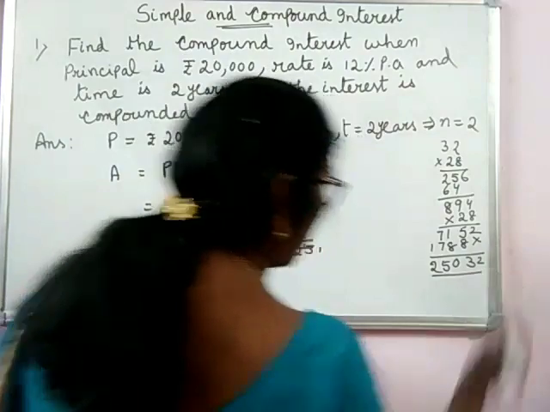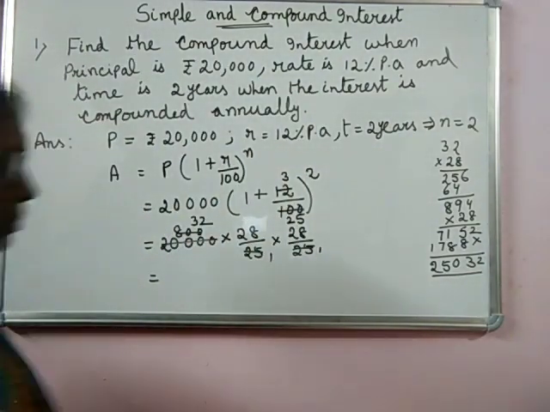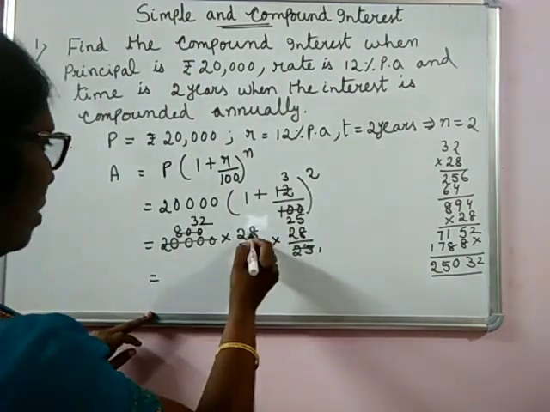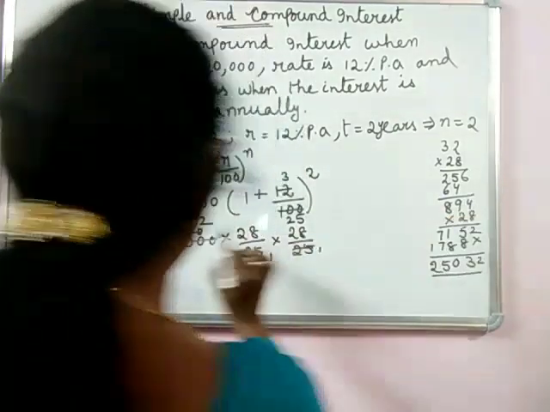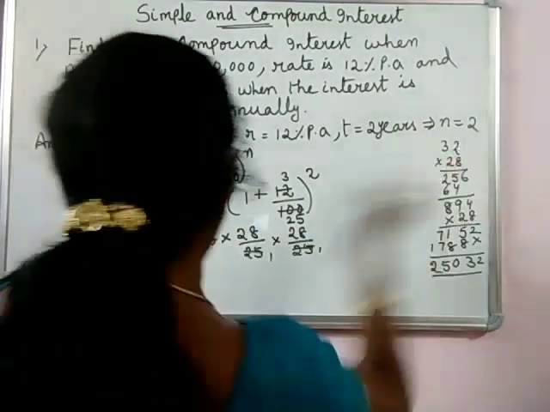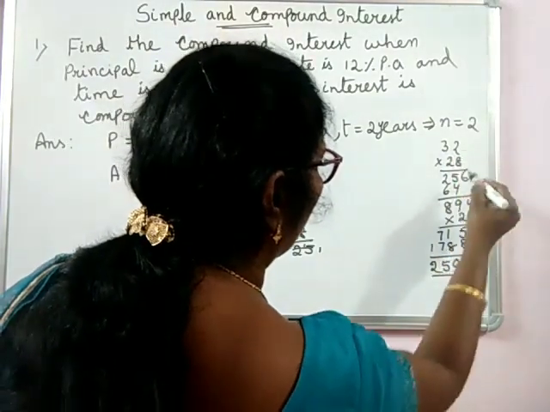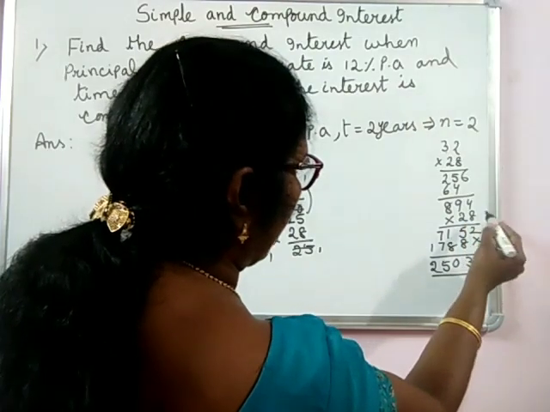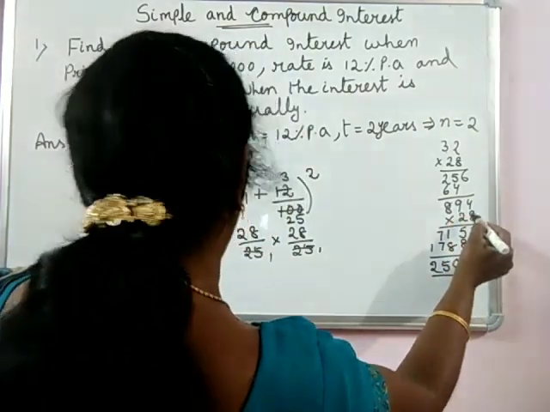So we are getting 25,032 rupees. Somewhere something I did wrong. 32 into 28. Okay, into 28. 894 into 28.